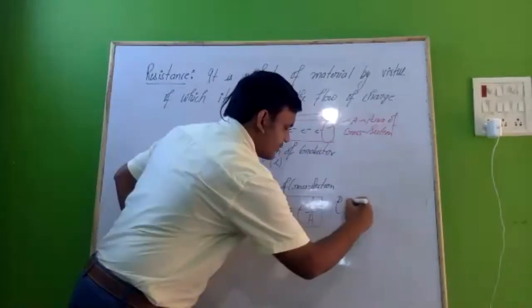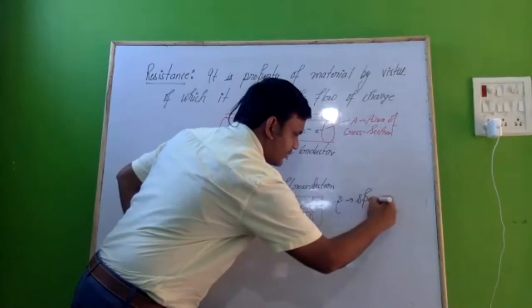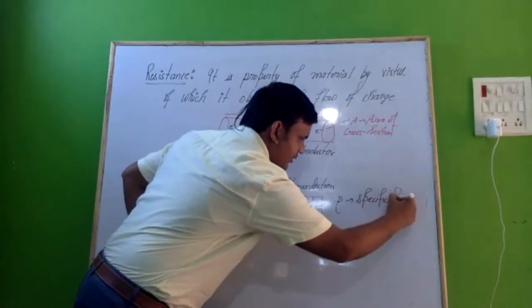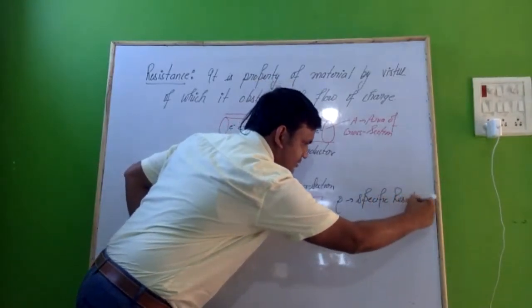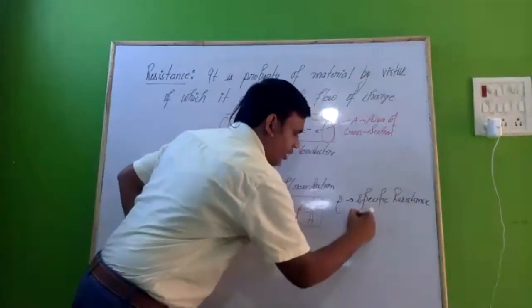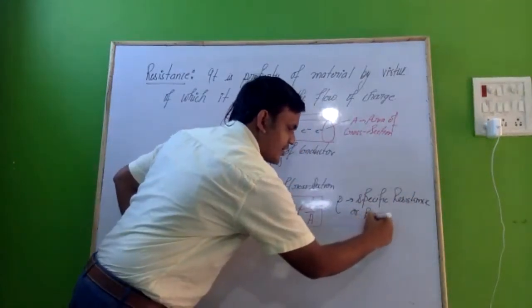Rho is the specific resistance, or you can say resistivity.